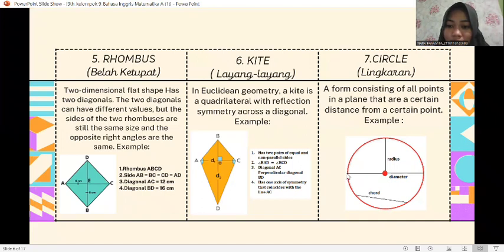Like this also, from here to here is diameter. From here to here is radius. So the diameter is 2 times radius. And here is chord.